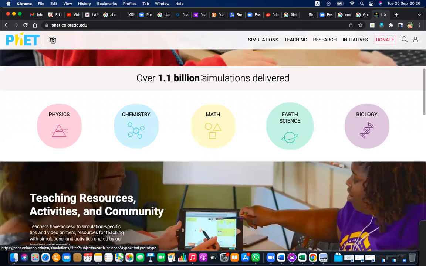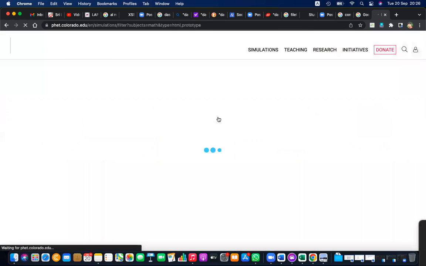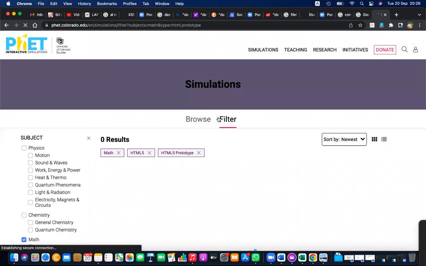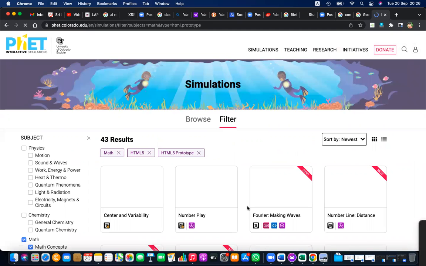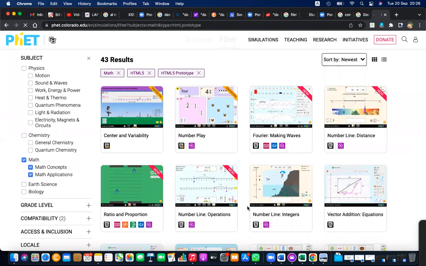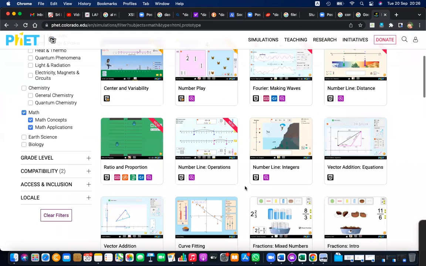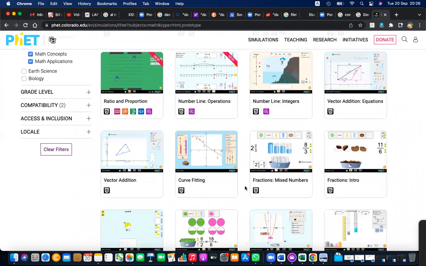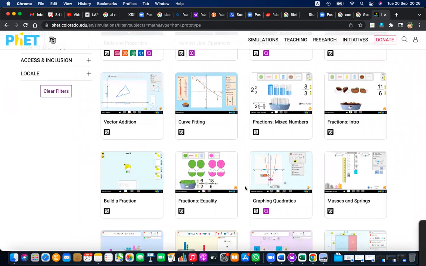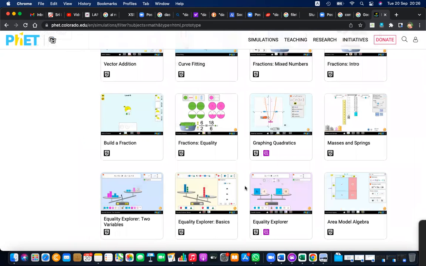Here, over 1.1 billion simulations delivered. See how many simulations there are, right? If you are thinking of learning maths, you can go to the maths lessons. Is there any lesson related to your syllabus? If so, tell me.